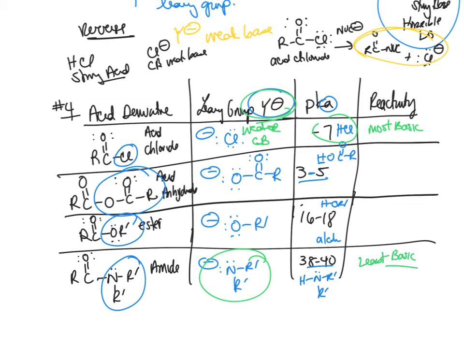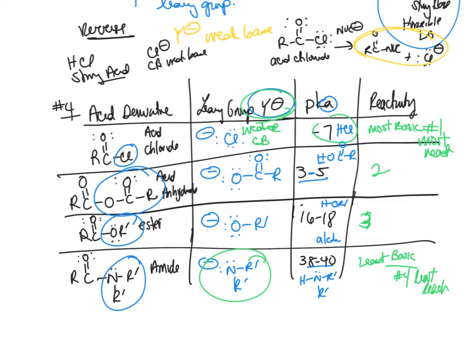Rank the acid derivatives in the table below from 1 to 4, with 1 being the most reactive. So this is number 1, the most reactive. This is going to be number 4, the least reactive. So this would be number 2, and this would be number 3. Once your group has reached an agreement, discuss whether your conclusions agree.